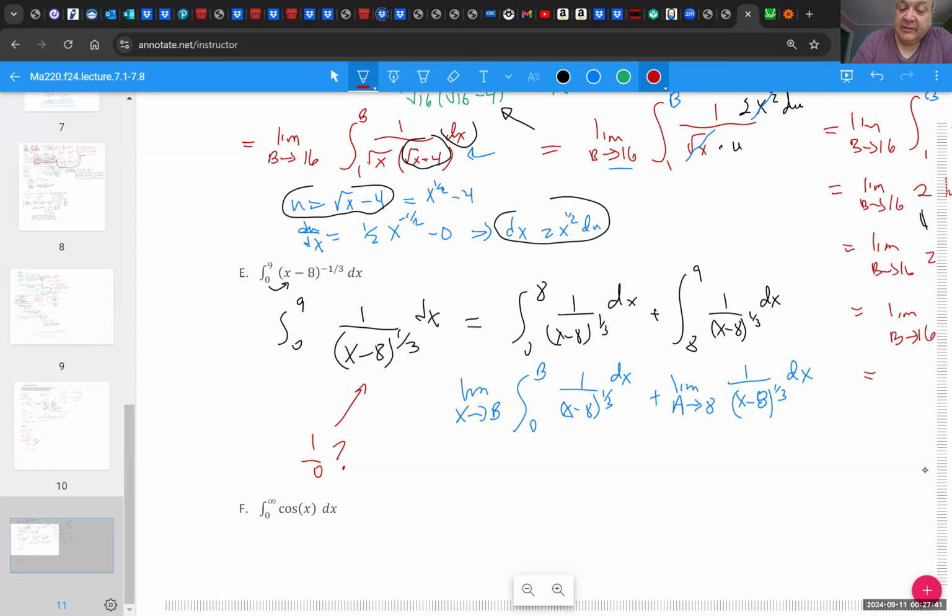So this is b approaches 8. We're only getting closer and closer to 8 from the left-hand side. So we write a little minus right here.